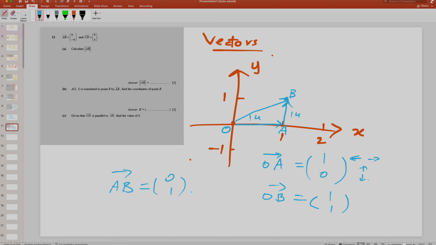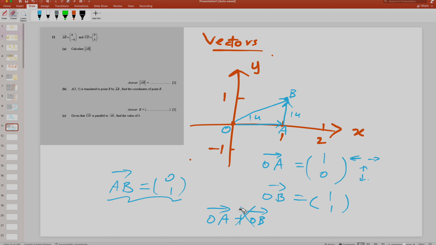Okay. So let's test whether our answer here is correct or not. Now you have your OA and your OB. How do you get from OA and OB to this AB? The way to do vectors is this: OA plus OB, you cannot add them together.